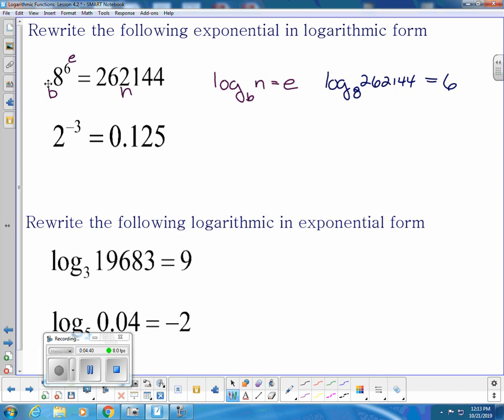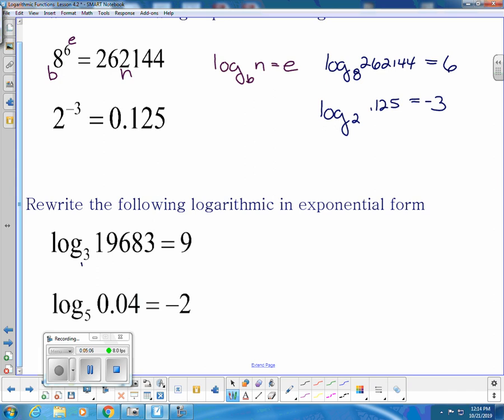I know some of you have already done this homework. Log bunny, base number equals the exponent, which is your e. If they are in log form, you have the bunny.